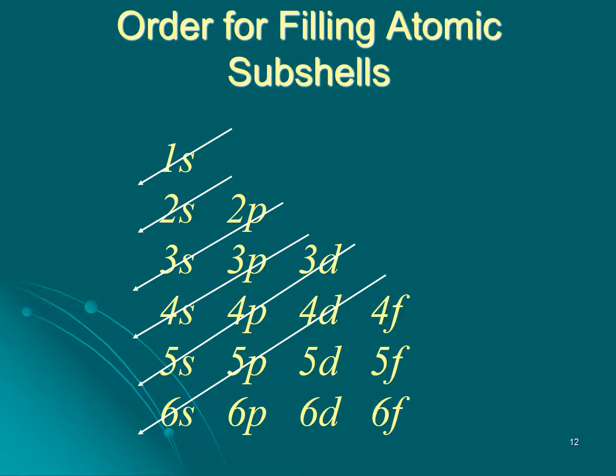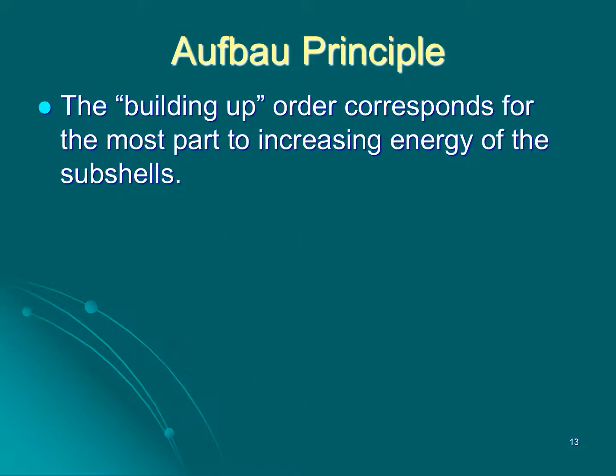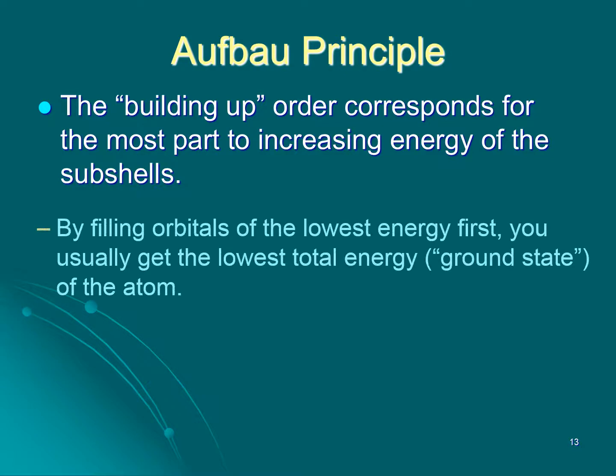And here's a little mnemonic device. That's one way you can remember it: write down the order and see how those arrows follow the trend. So the building up order does correspond to increasing energy.